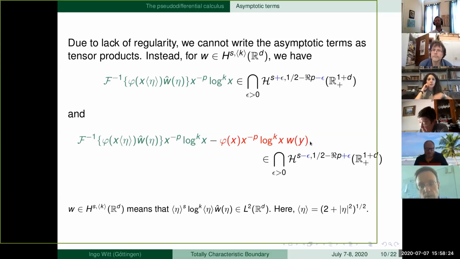This w is something like the trace, and traces of functions taken from Sobolev spaces are not smooth. Then we cannot write it as a tensor product, a function of x times a function of y, but we have to do something more sophisticated, and we replace this red guy by this green guy. If we have k log terms, we need this w, this coefficient, from some space H^s which is slightly smaller, by this log term.